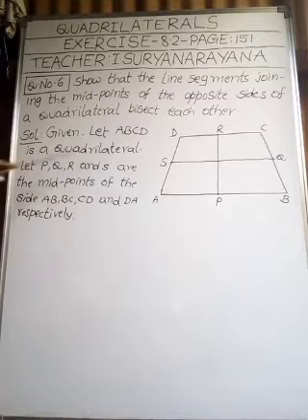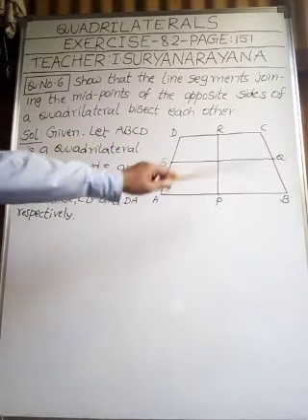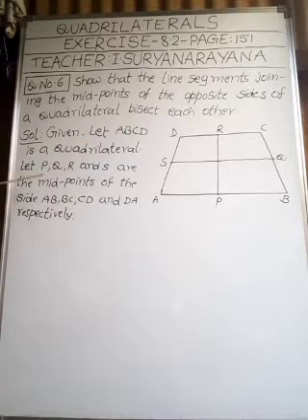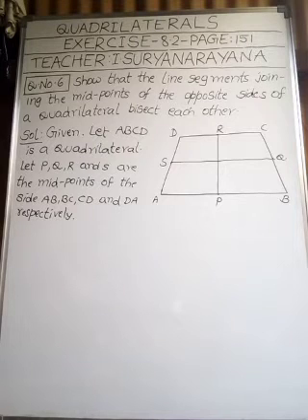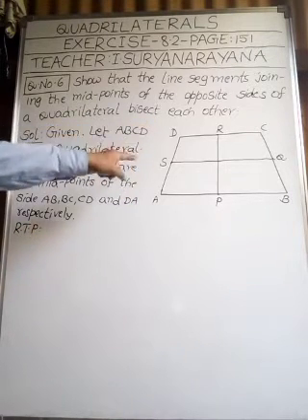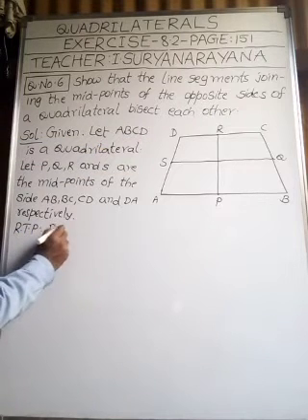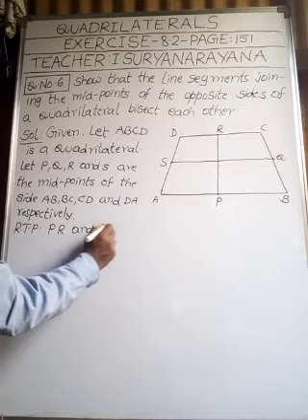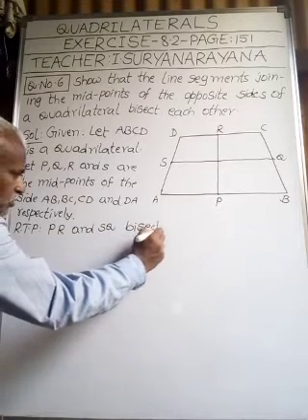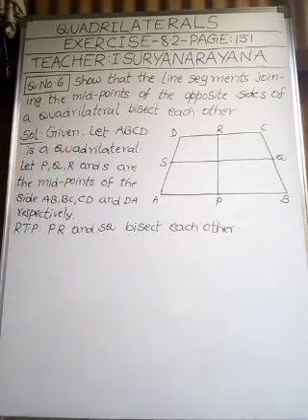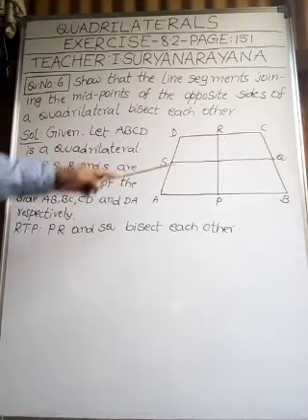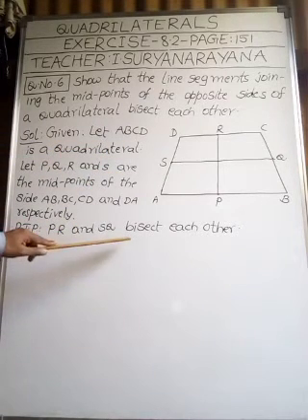We have taken ABCD as a quadrilateral, and in it P, Q, R and S are midpoints of these four sides. What should be proved? Required to prove: PR and SQ bisect each other.